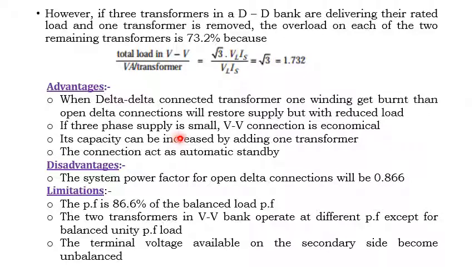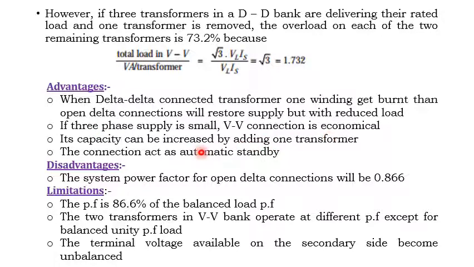If three-phase supply is small, V to V connection is economical. Obviously, one transformer is removed, so whatever supply you give to that V to V connection will be very small, and it is economical.